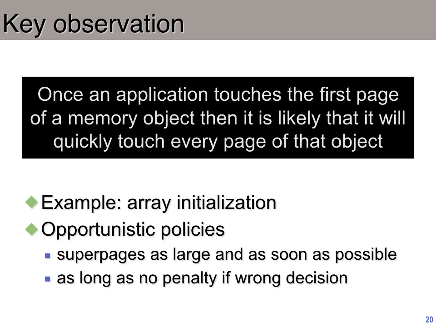For example, if the application allocates an array and it's about to initialize the array, then you want to create a superpage that is approximately the size of the array. Or if an application is opening a file, then if you know the size of the file, you can create a superpage of that particular size. But at the same time, they don't want to pay a penalty in terms of performance overhead if there is a wrong decision. They want a mechanism to walk back a wrong decision, that is, if they allocate a superpage size that doesn't seem to be needed.